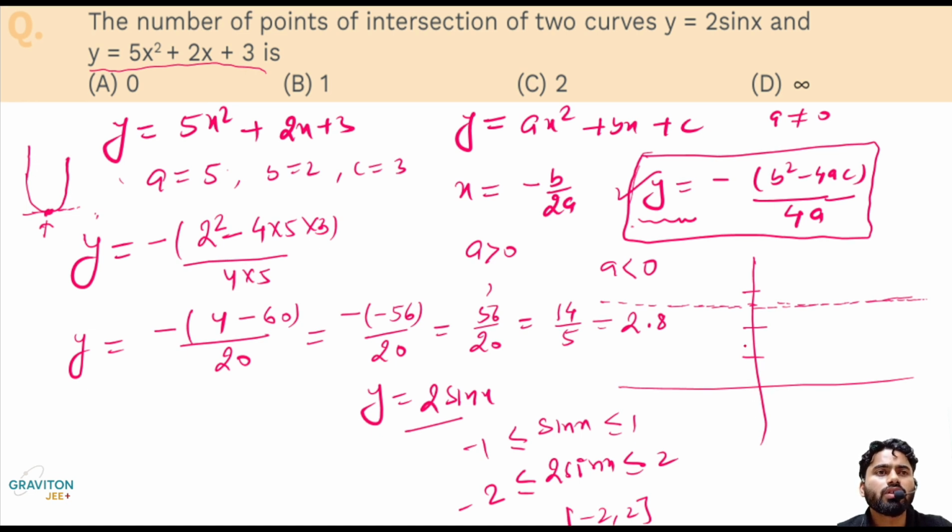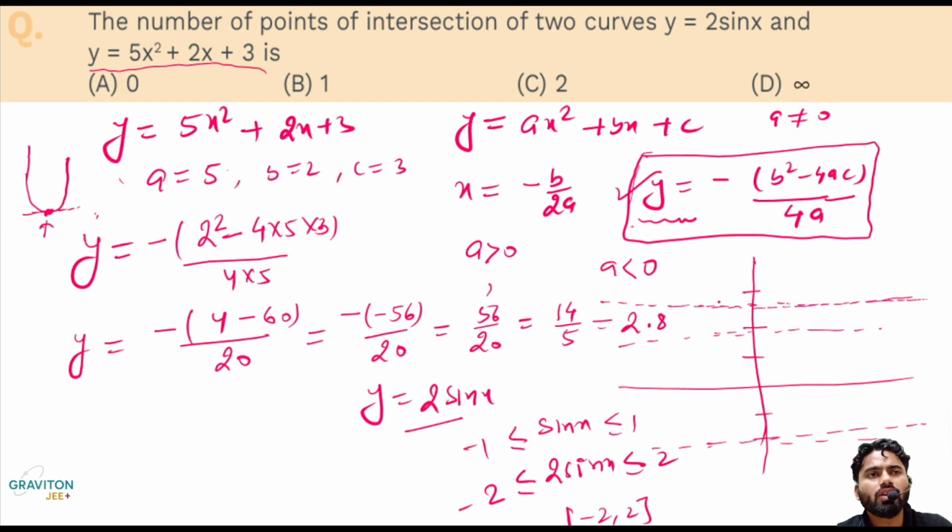So this is taking value from here to here, right? So your sine will always be in between these two lines.